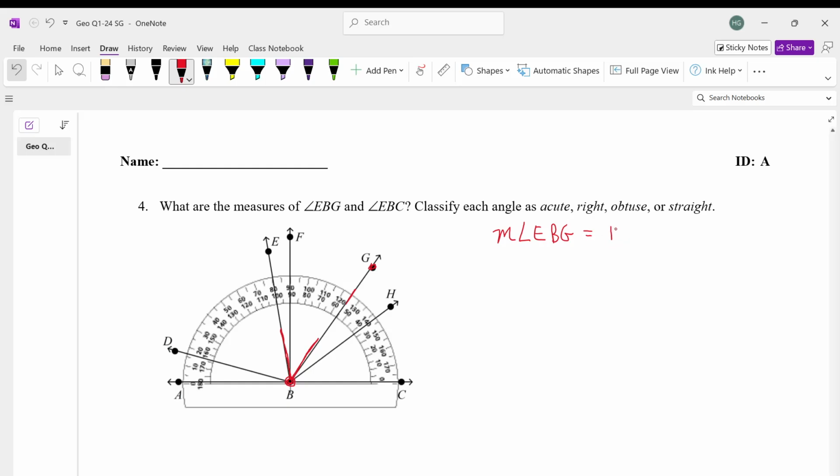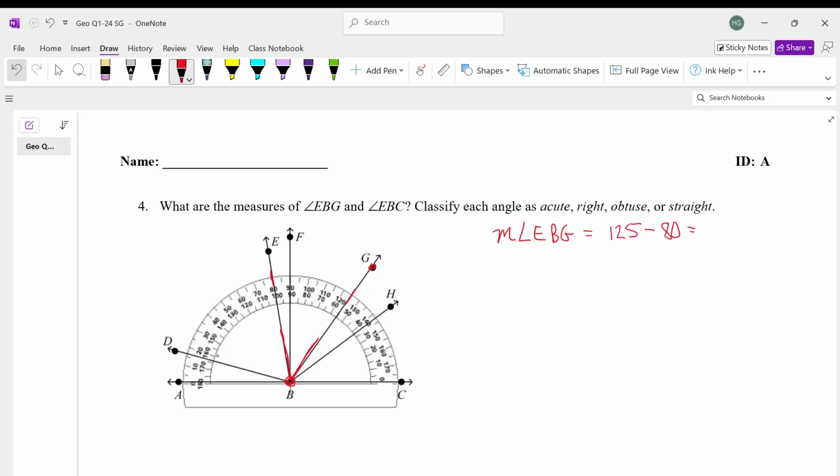So I'm going to take 125 minus where BE hits the protractor on this outside set of numbers, and that's an 80. So I'm going 125 minus 80. I always go bigger number minus smaller number.